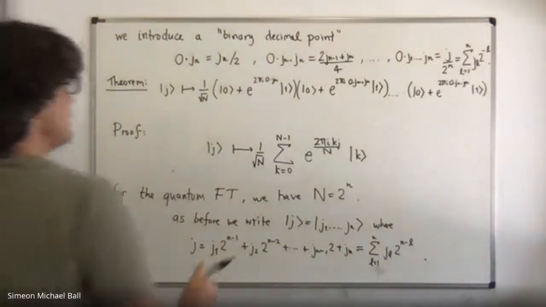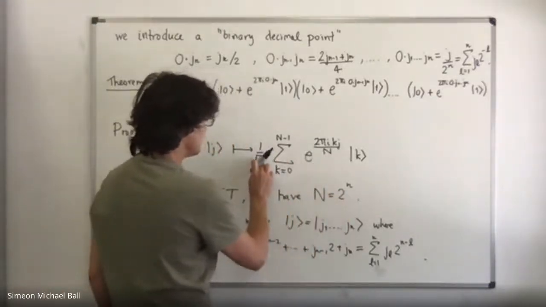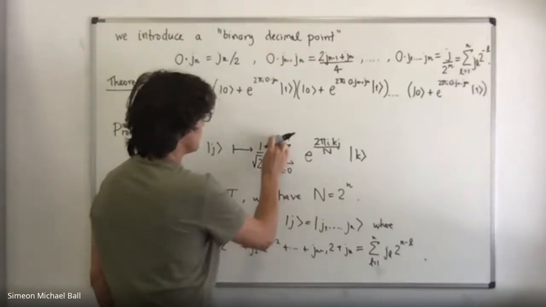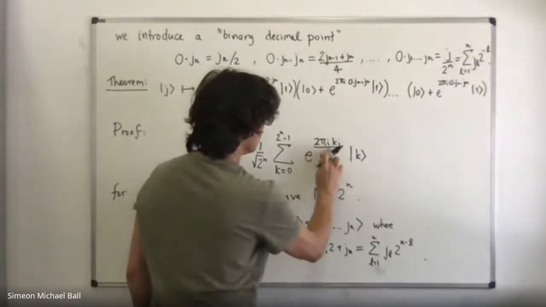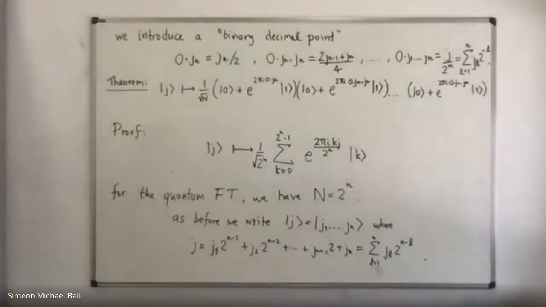So let me write this 2 to the n now in here. Put all these, so it's square root of 2 to the n. And 2 to the n there.